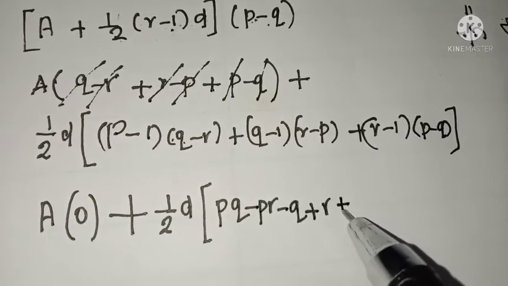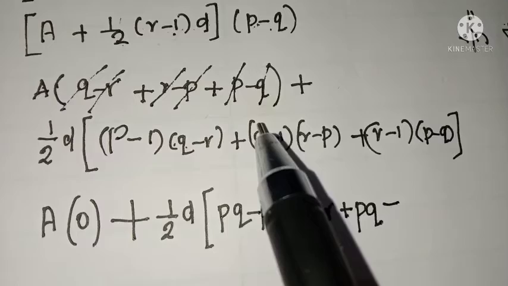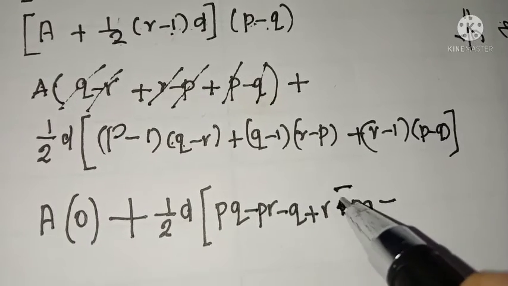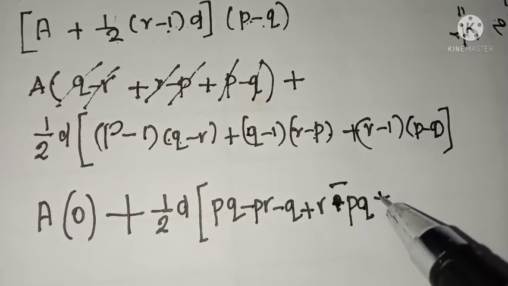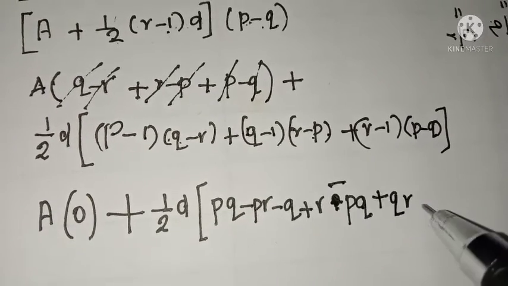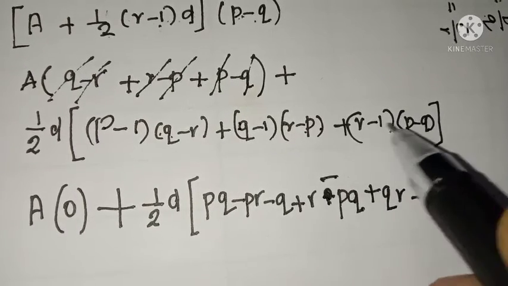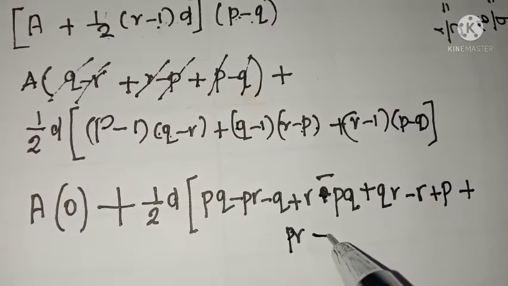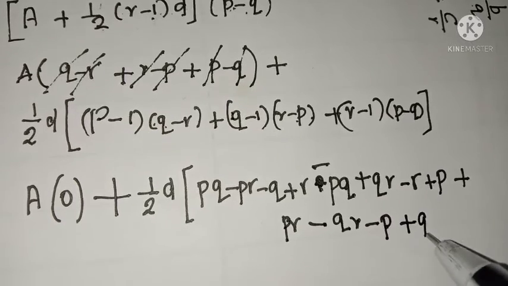Similarly, this becomes q into p, qp or pq, q into r, sorry, this is minus pq; q into minus p, minus qp; q into r, qr; minus r, plus p. Plus similarly here r into p, rp or pr; minus qr, minus p, plus q.